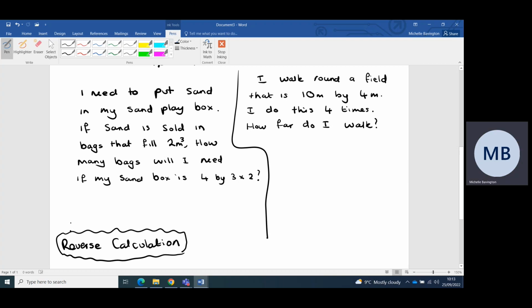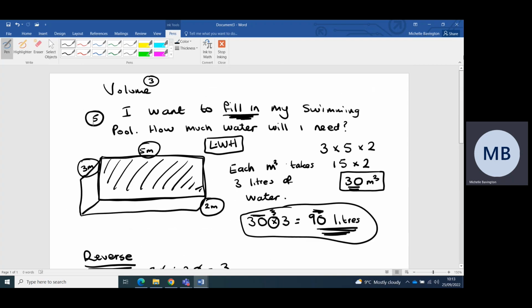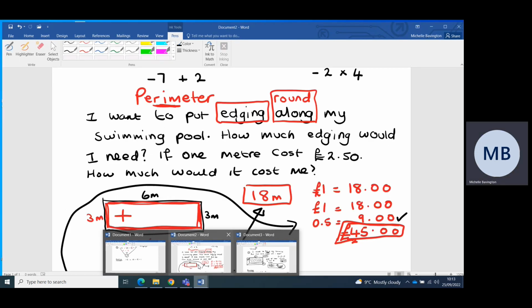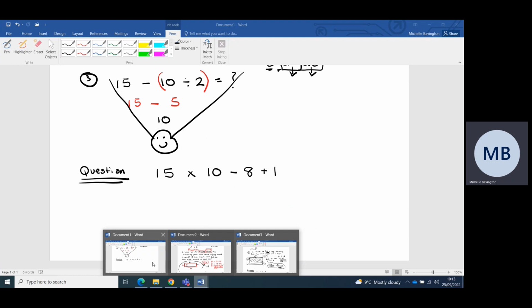I want a reverse for this one, and I want a reverse for that one. Okay, so let's have a quick peep. So we've done all of that.